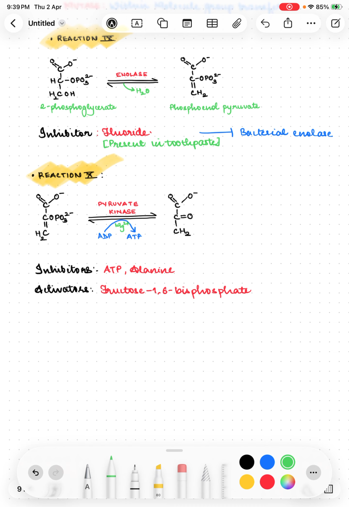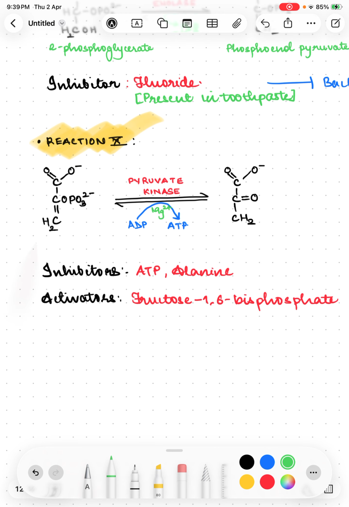And reaction number 10, which is the last reaction, this phosphoenolpyruvate gets converted into pyruvate, and during this reaction the phosphate from carbon number 2 is transferred to ADP, and ADP gets converted into ATP. Again we have two molecules of ATP synthesized.